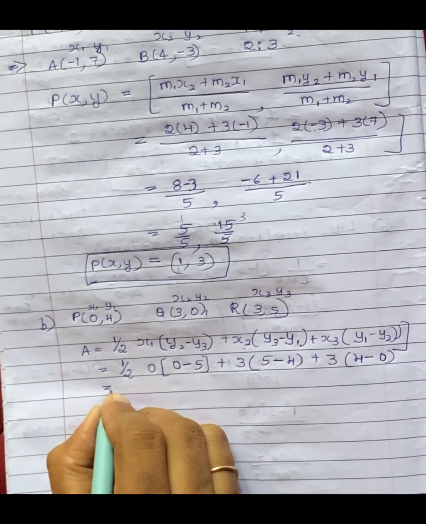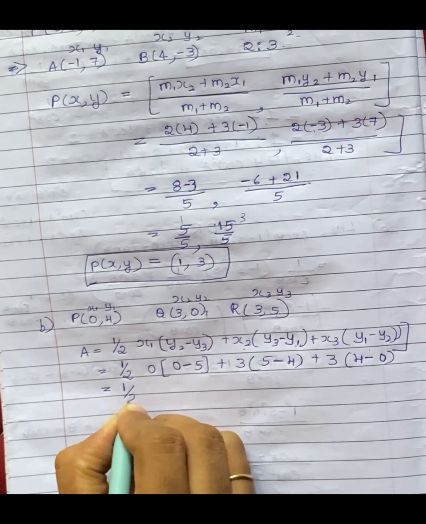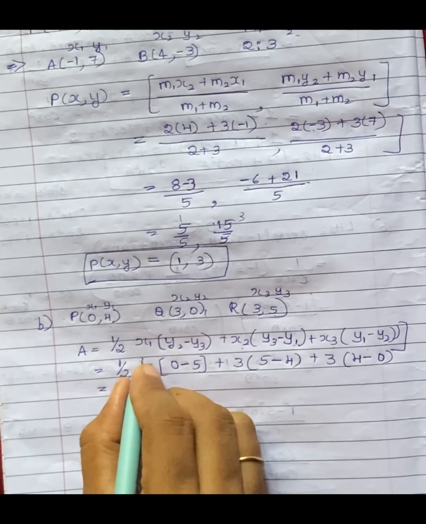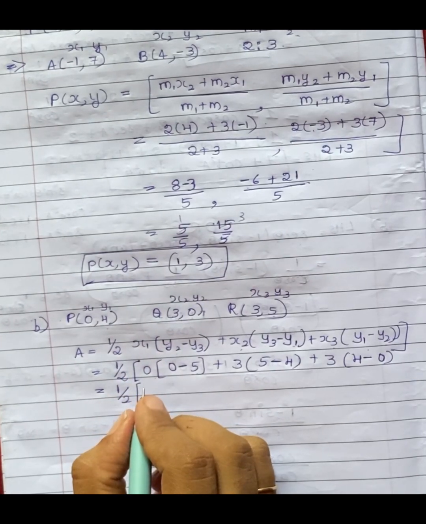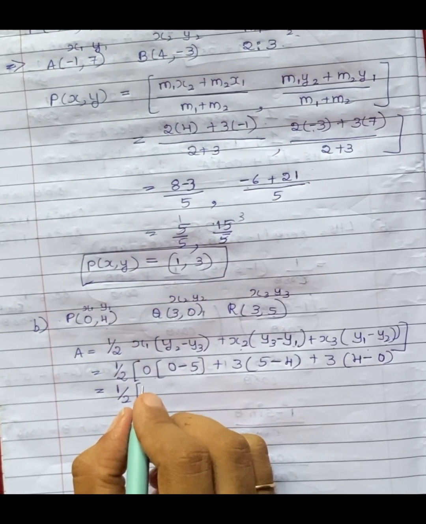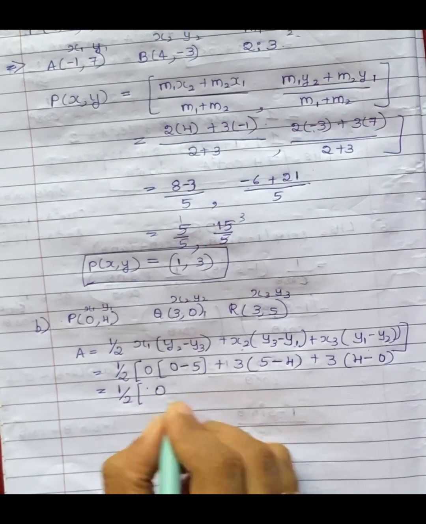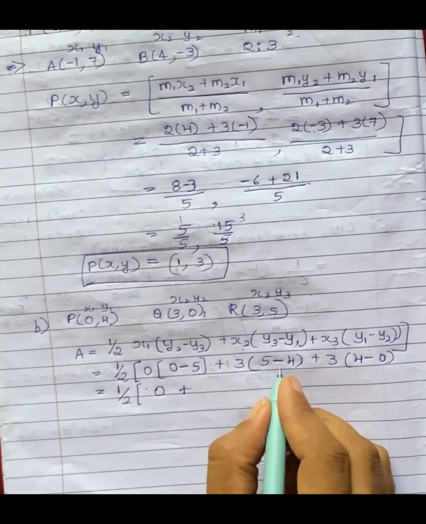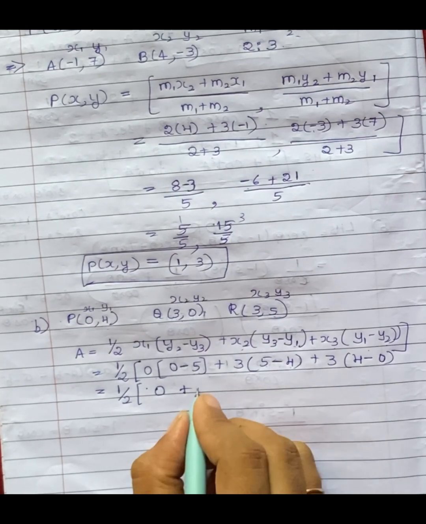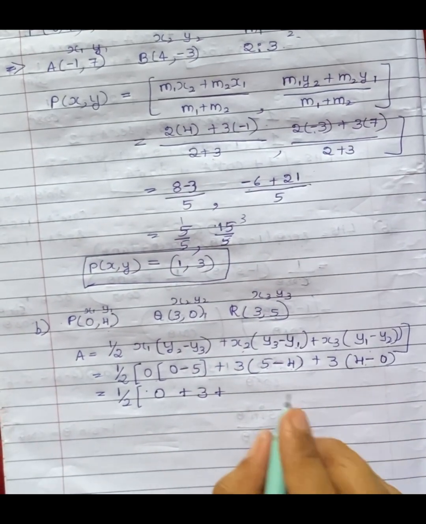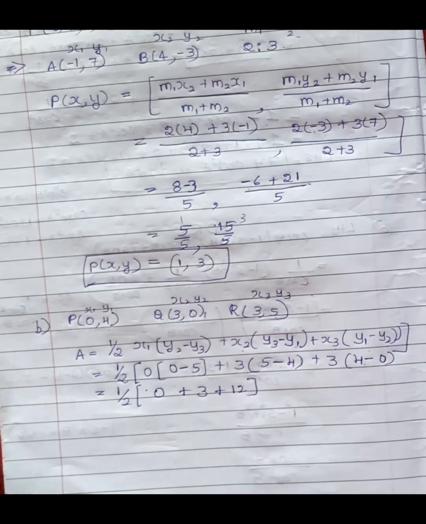I'll simplify this. 0 into anything is 0. 0 minus 5, so I'll write here, it will become 0, plus 5 minus 4 is 1, 1 into 3 is 3, plus 4 minus 0 is 4, 4 into 3 is 12.